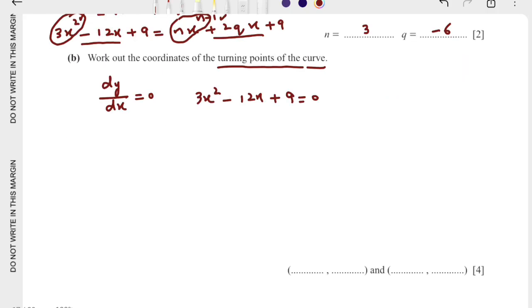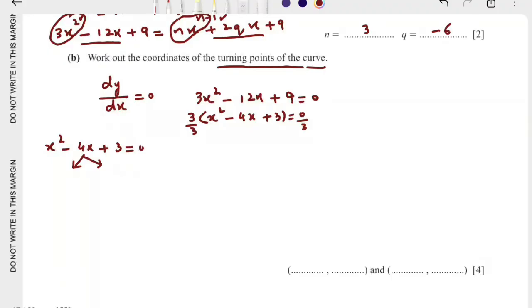Take 3 common: x squared minus 4x plus 3 is equal to 0. Divide by 3 on both sides. So it will be x squared minus 4x plus 3 is equal to 0. Now we have to split the middle term of minus 4x.